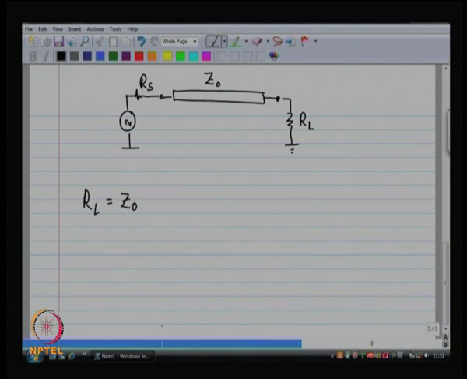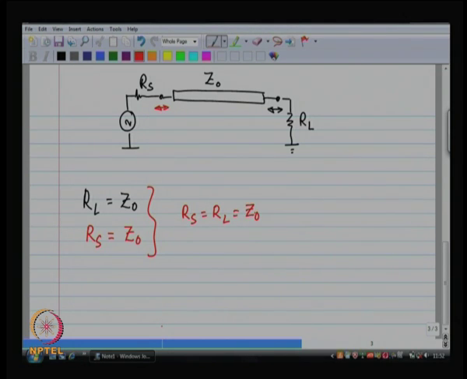To avoid reflections at this interface, I would like RL to be equal to Z naught, and to avoid reflections at this interface, I would like RS to be equal to Z naught, which eventually means that RS should be equal to RL, should be equal to Z naught.